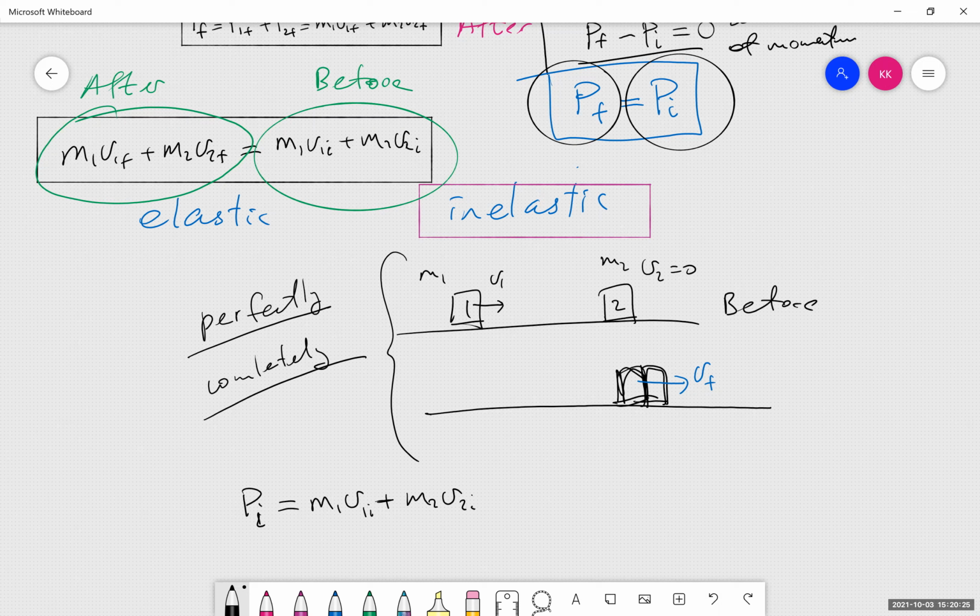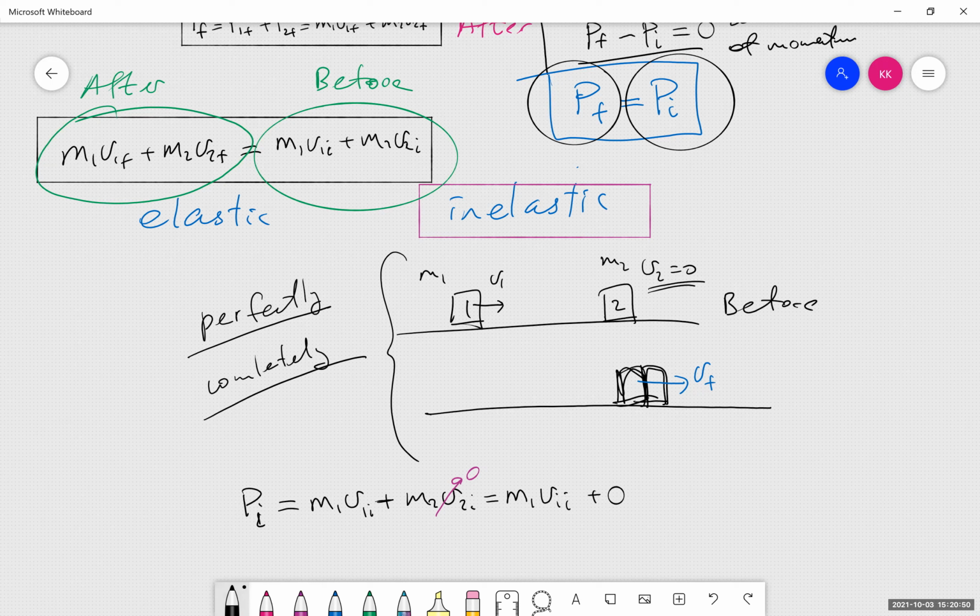But we know that the second object is at rest. That means this is going to be M1 times V1 initial plus 0, because momentum of object 2 initially is 0 since its velocity is 0. That means object 2 has no momentum before collision, because if you don't have velocity, you don't have momentum.